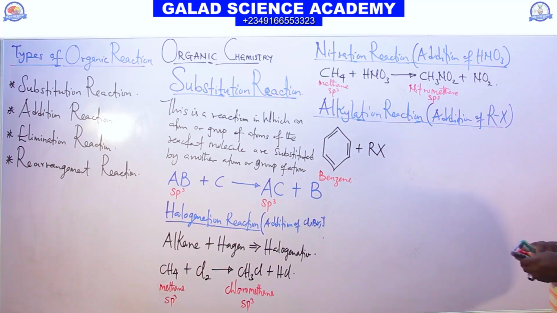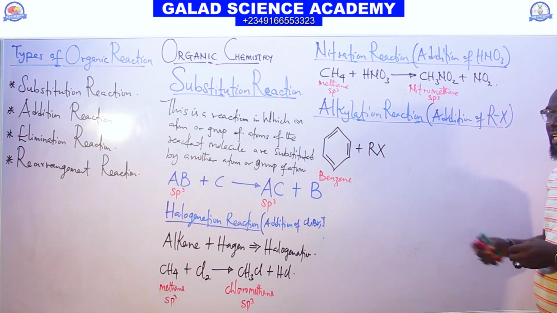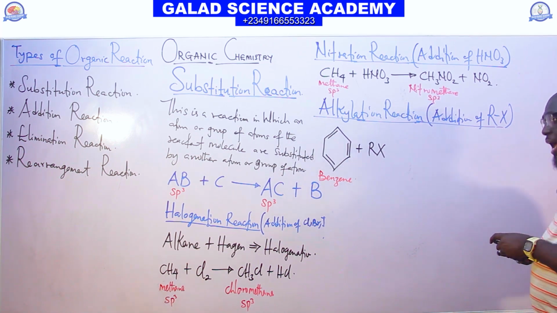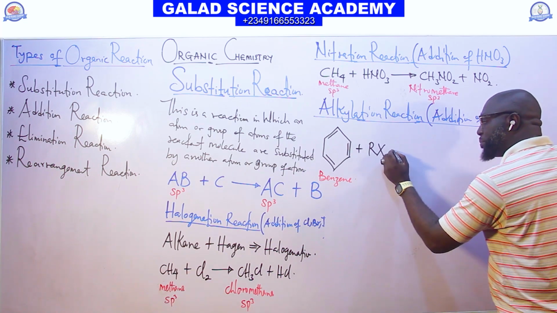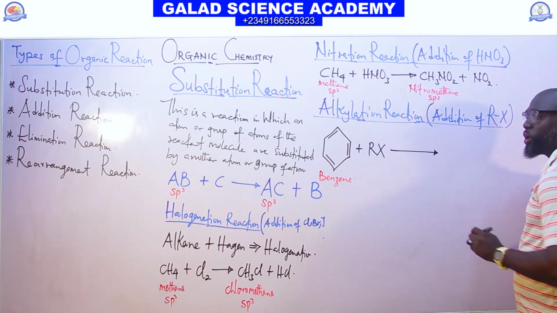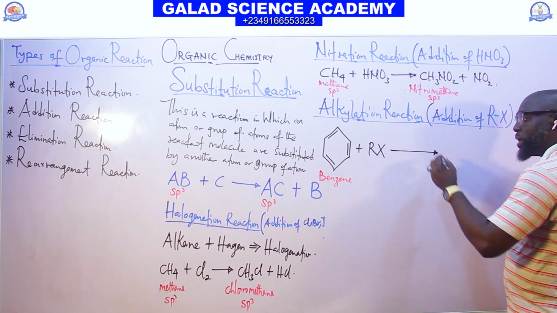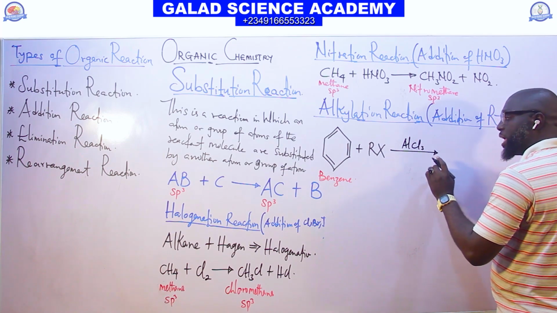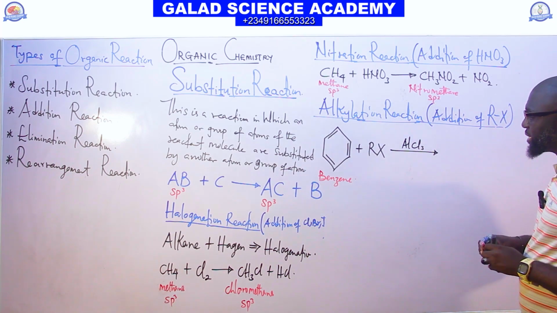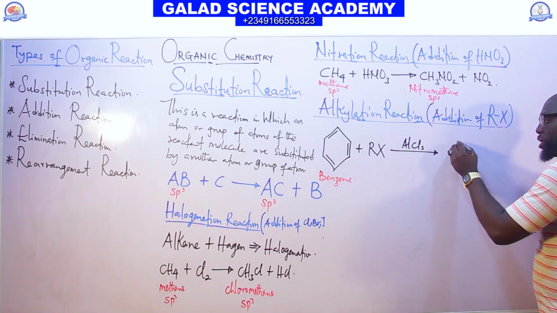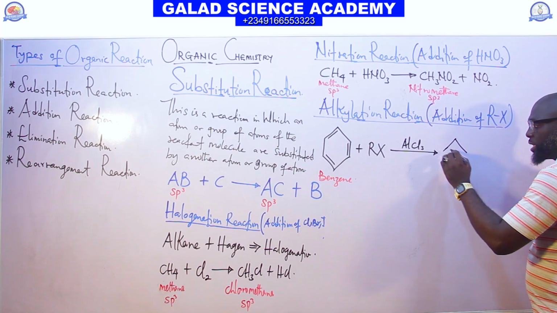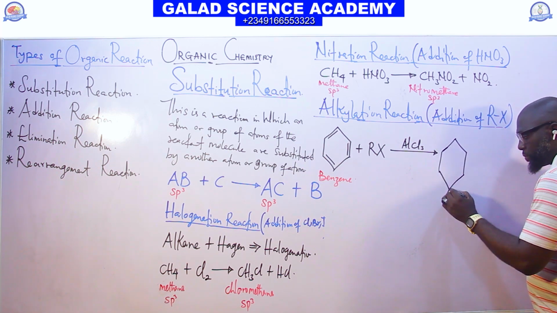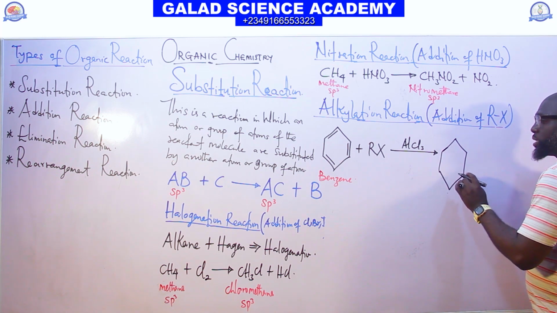The halide here can be chlorine, bromine or fluorine. It reacts with alkyl halide in the presence of Lewis acid. Let me use aluminium chloride. If you use aluminium chloride as catalyst there, benzene will lead to this structure.